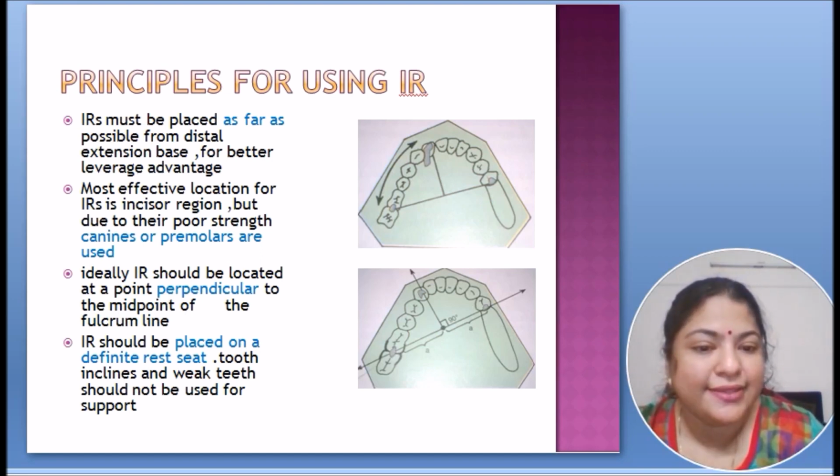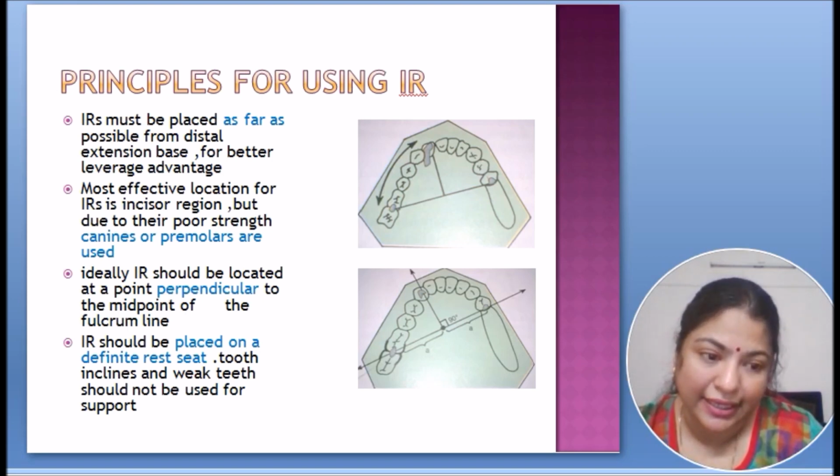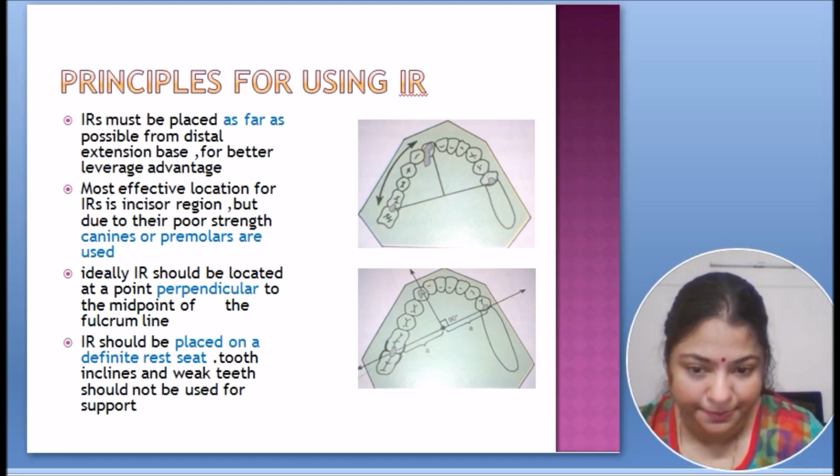They should be placed at a perpendicular angle, or a 90-degree angle, to the fulcrum line. It should be placed on a definite rest seat which is prepared on the tooth that is selected, normally a canine or a premolar.